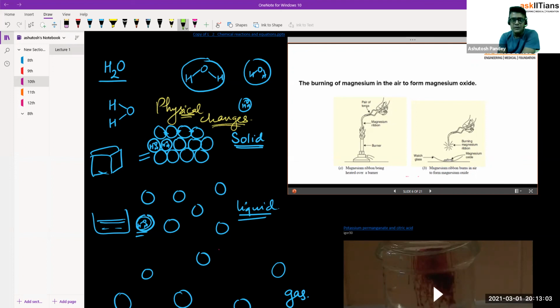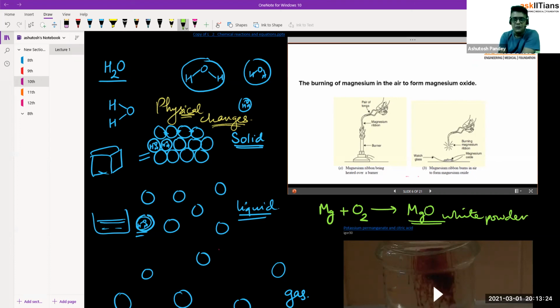But actually what is happening here is Mg is reacting with oxygen, and it is going to form MgO, magnesium oxide. This is a white powdered substance.